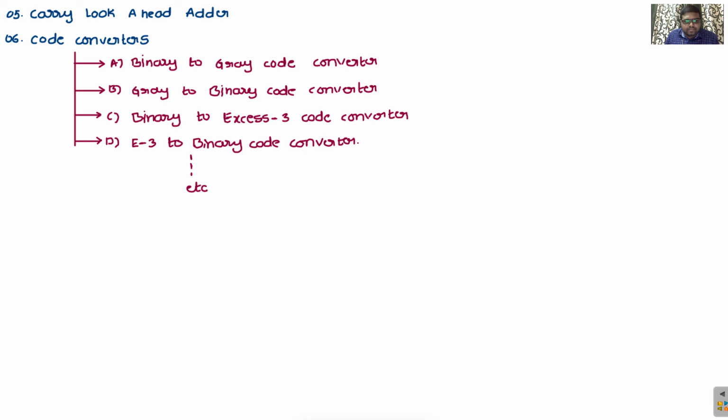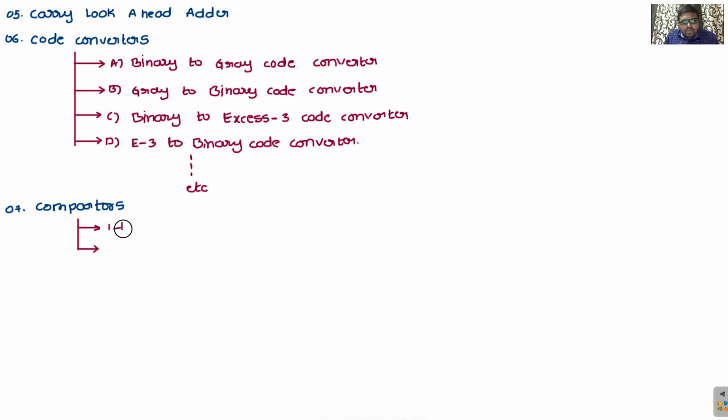And next one, seventh topic, that is comparators. Comparators are classified by the number of bits being compared.